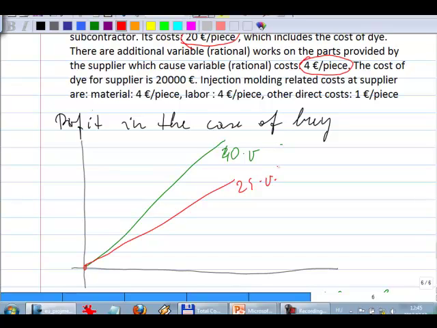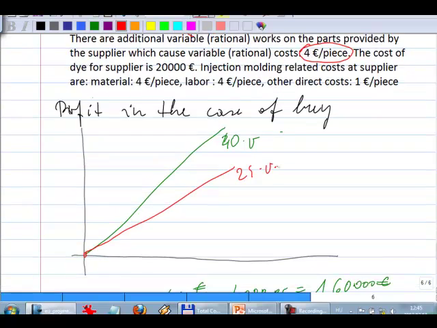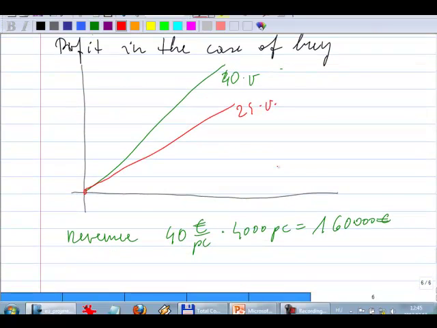times volume. Do we have profit on it? How much is the profit? So the costs are 24 euro per piece times 4,000 pieces.